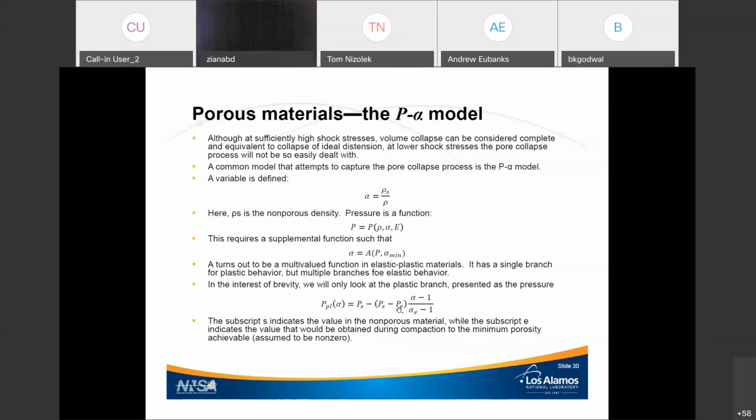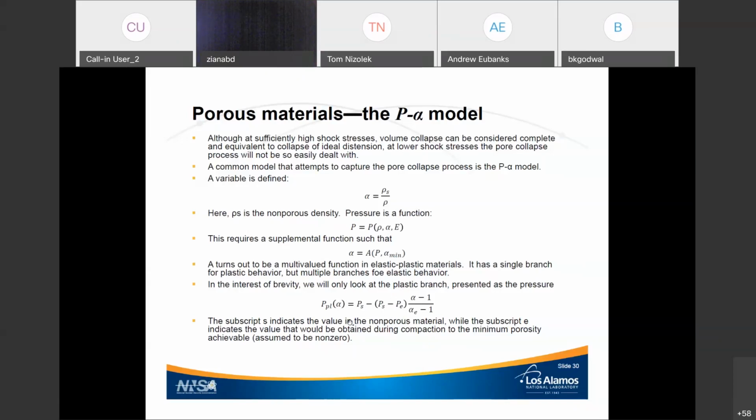PE is a value that the material would have if it were compacted to the minimum porosity achievable, which in the P-alpha model is assumed to be non-zero.